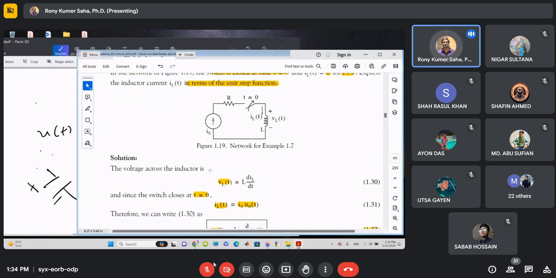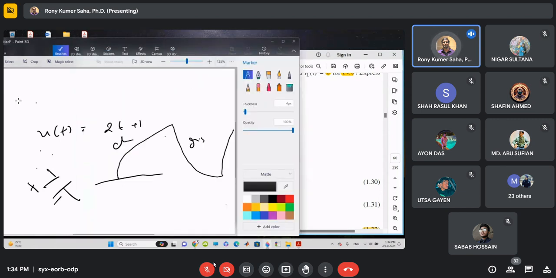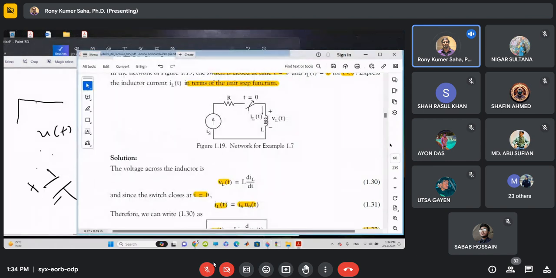As you know, the generic expression of voltage across an inductor is L into di by dt, right? Since the switch closed at t equal to 0, it just started, so we can use a unit step response. Once the switch is closed, the current starts flowing because it's a closed circuit.